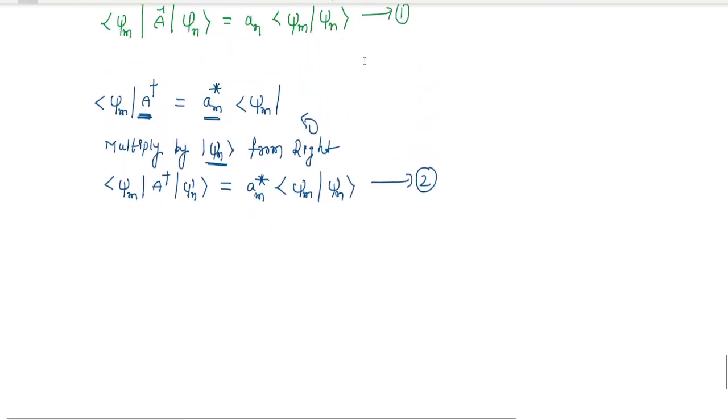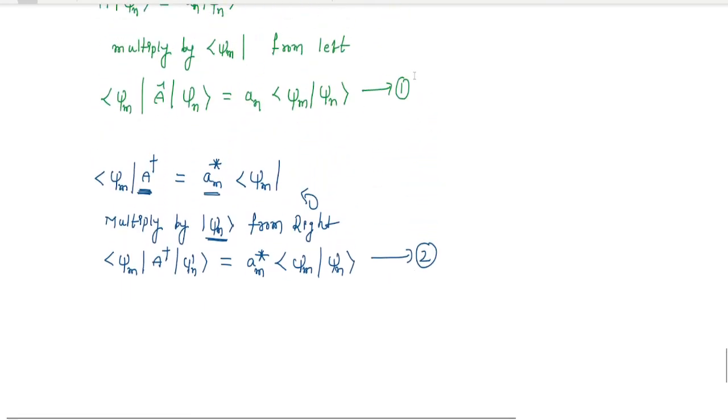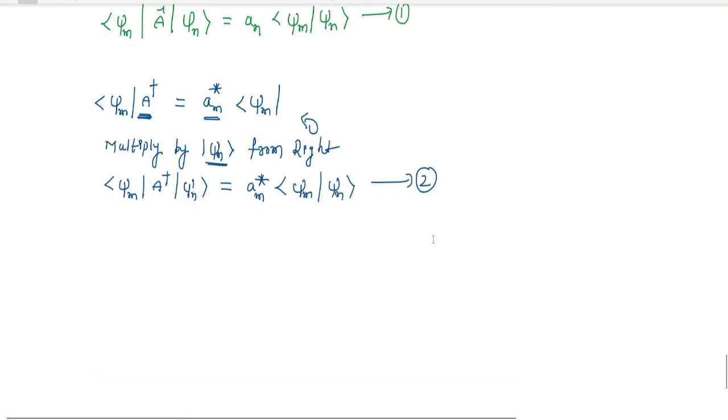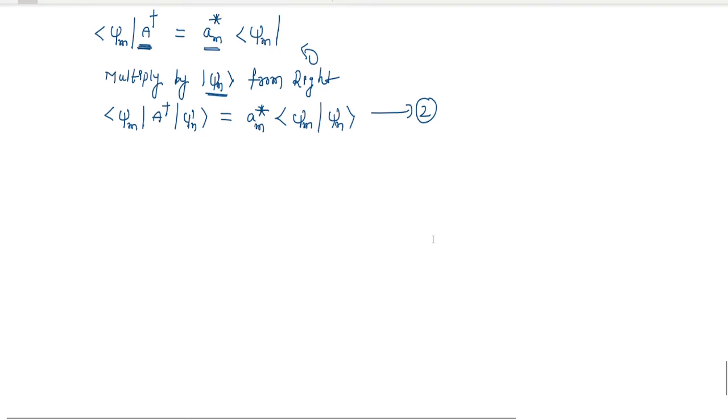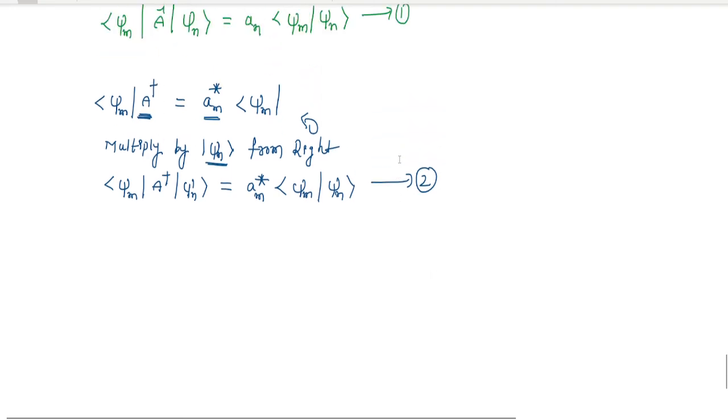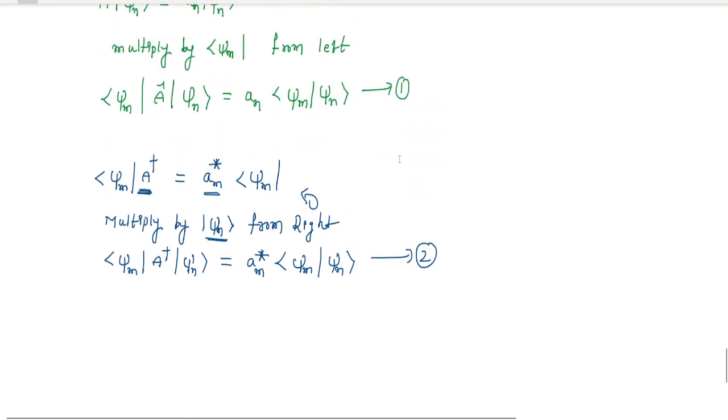Now I'm going to do one operation here. I'm going to subtract equation number 2 from equation number 1.